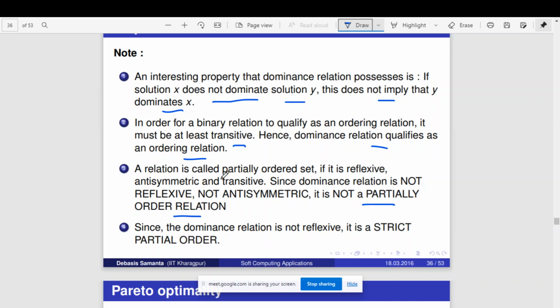What are the three conditions? It should be reflexive, antisymmetric, and transitive. But the dominance relation is not reflexive, not antisymmetric, and is only transitive. So you cannot call the dominance relation a partially ordered set.